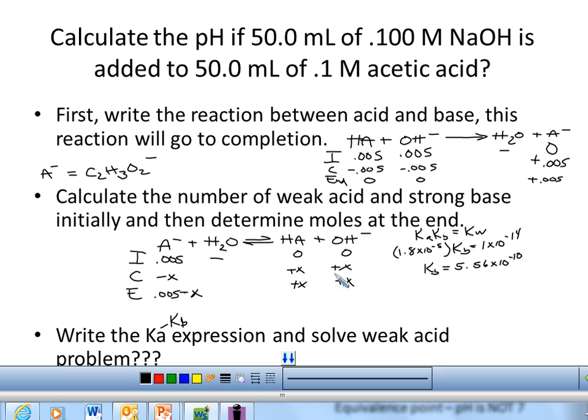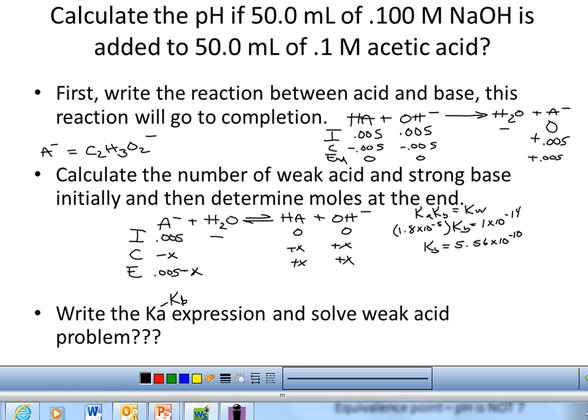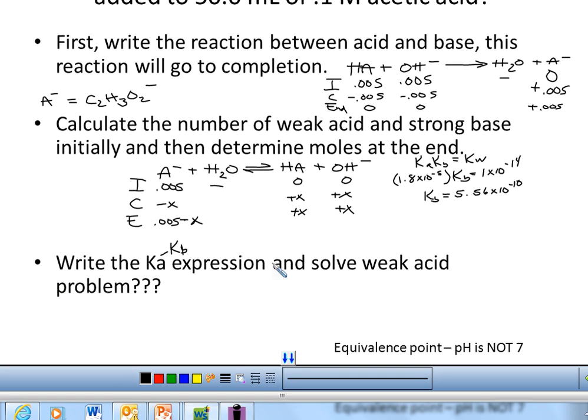So now my Kb expression, similar to the Ka expression, Kb is equal to products, x squared, over reactants, 0.005 minus x, and we're going to say x is much, much smaller, and so that Kb is 5.56 times 10 to the negative 10th. When I solve for x, I get 1.67 times 10 to the negative fifth. What does x represent? I go back up into my reaction. I find out it represents my hydroxide ion concentration.